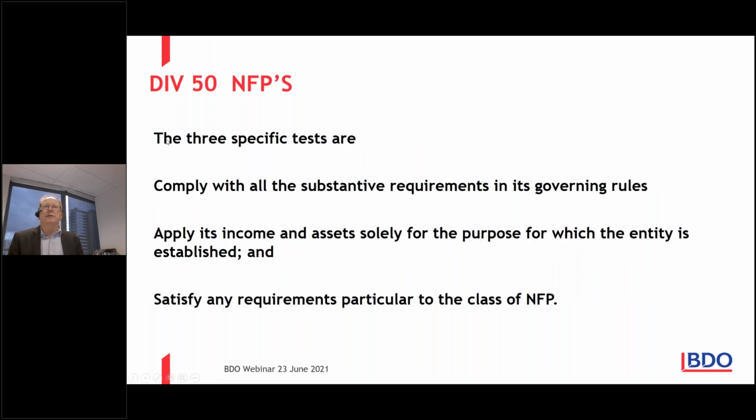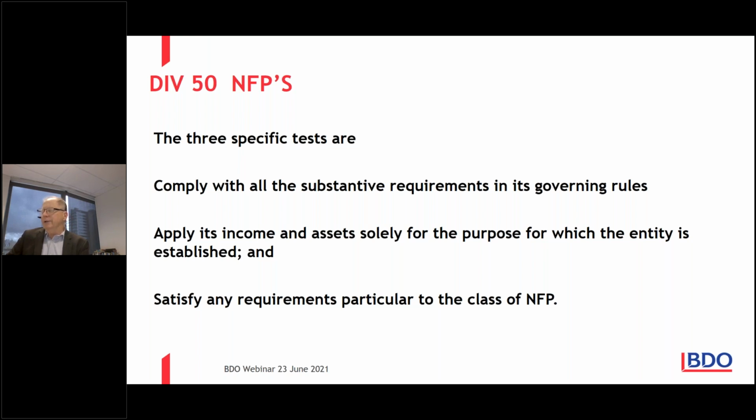Now, for those entities that are not charities, you've got to comply with all of the substantive requirements in the governing rules. You must apply the income and assets, again, solely for the purpose, and we'll come back and talk about a couple of these, for the purpose for which the entity is established. And instead of maintaining a registration with the ACNC, they continue to satisfy any registration requirements particular to that class.